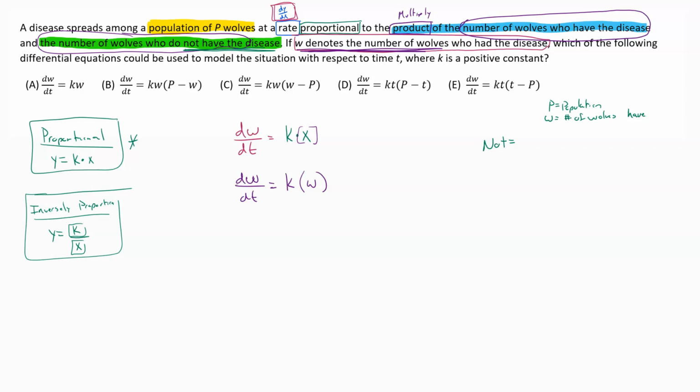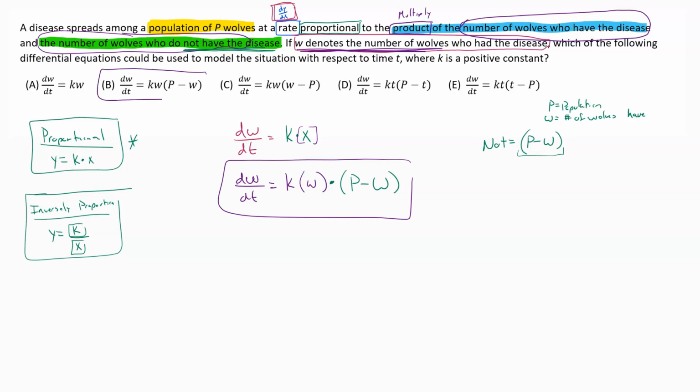Well, if I've got the total population and I know the number of wolves who have it, the ones who do not have it would be the total population minus the ones who do. That's a bit of logic they expect you to be able to work out. The total population minus the number who have it gives you the number who do not have it. So then this would be the product of those two things. So W times P minus W. So the words seemed a little bit rough, but when it boiled down to it, that's actually all they're looking for here. That would be your answer right here.